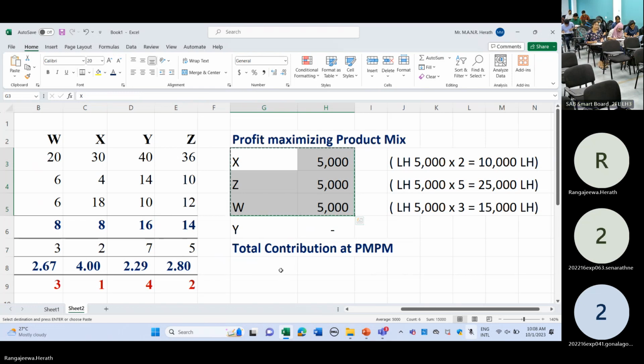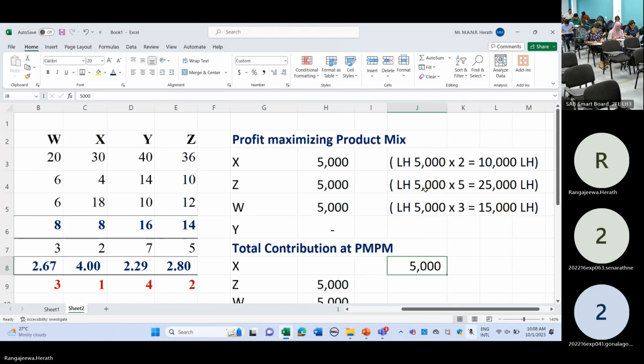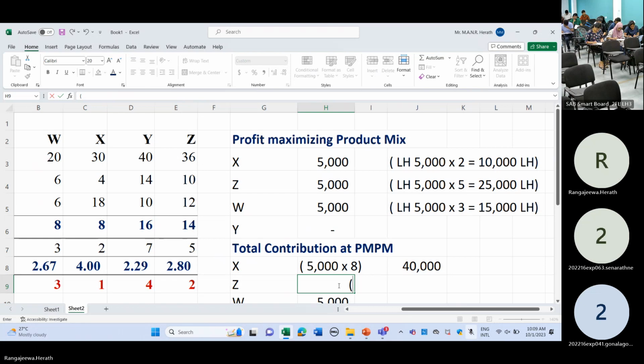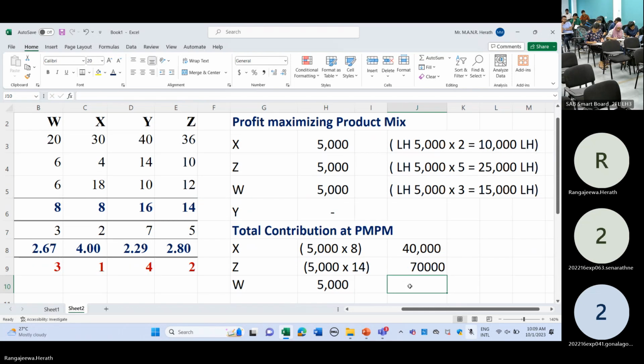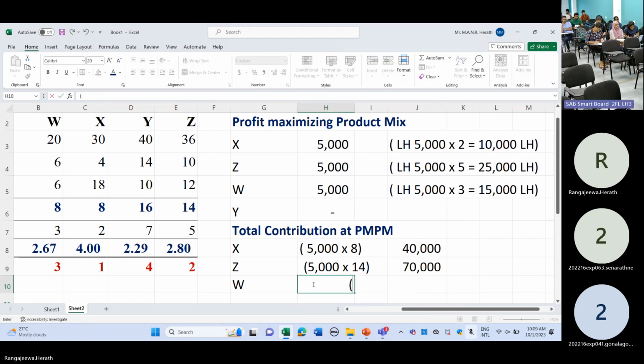For X, 5,000 multiplied by unit contribution 14. Then 5,000 multiplied by 8.